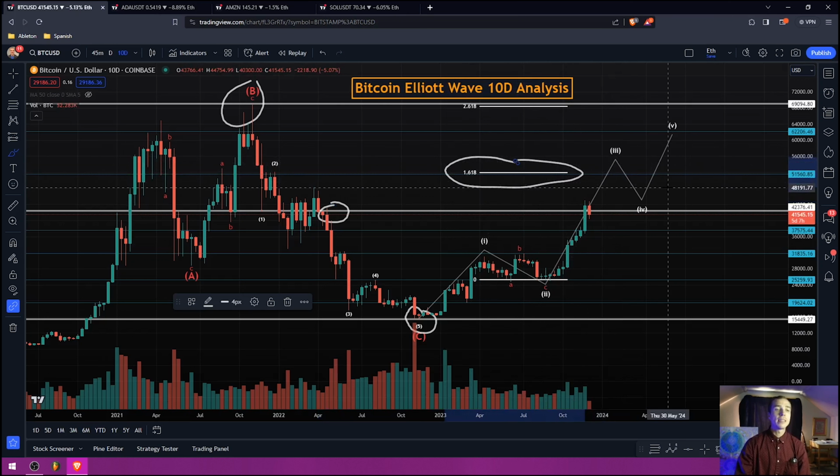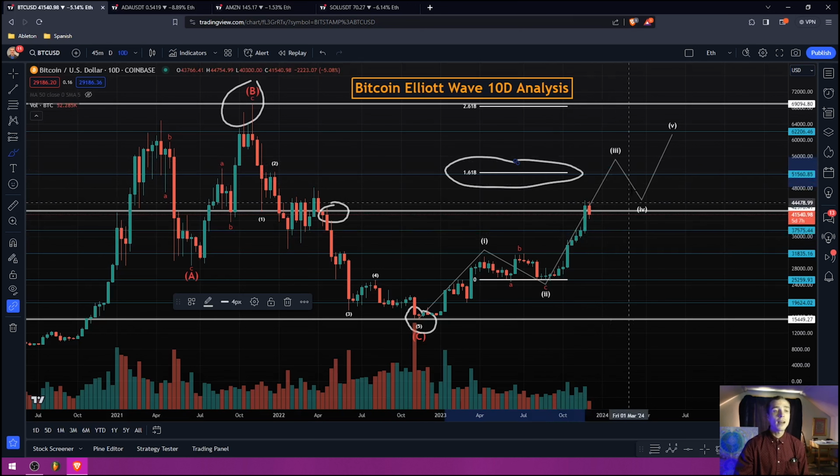The minimum target for an Elliott wave 3 is the 1.618 level. It does not mean that it has to hit that level, but statistically, that is the minimum target for Bitcoin. So that's $51,560 at the 1.618.